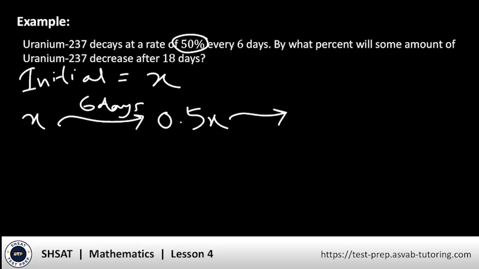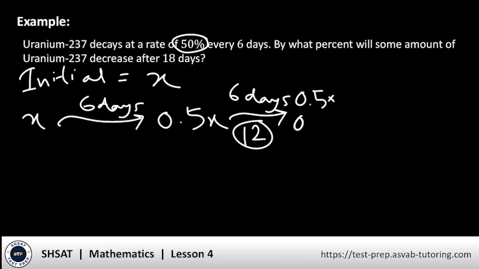After 6 more days, or we can also say in total it was 12 days, right? So after 12 days, that is 0.5 times 0.5 of x, because it's getting halved. So that means it's 0.25x.